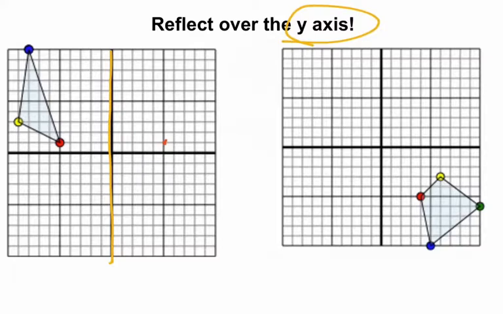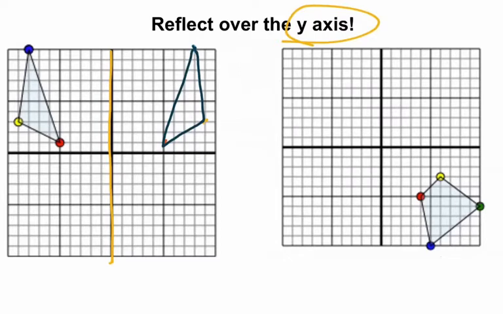So I'm going to move it 9 points away on the other side. And then the blue one at the top, okay, it was 1, 2, 3, 4, 5, 6, 7, 8 away. So I'm going to move it 8 away on the other side. And I've got to make sure that I connect my line. So this is a reflection of that image over the y-axis.